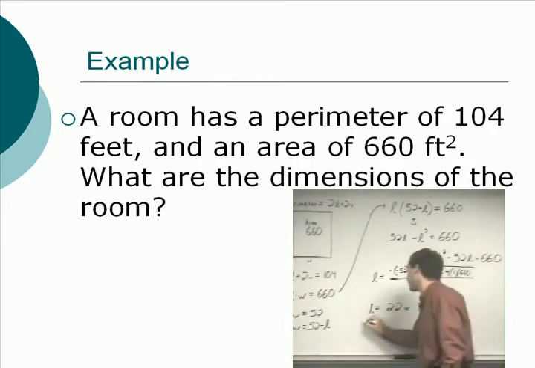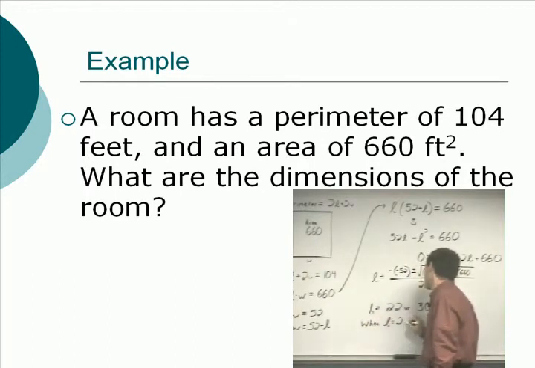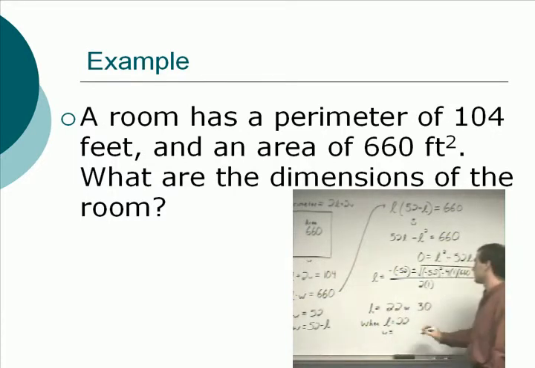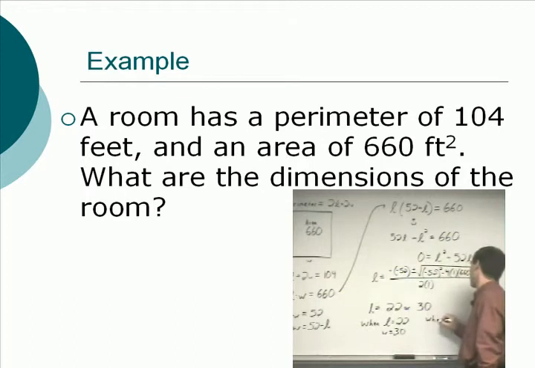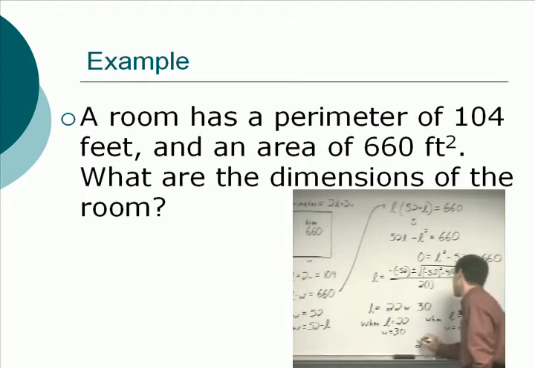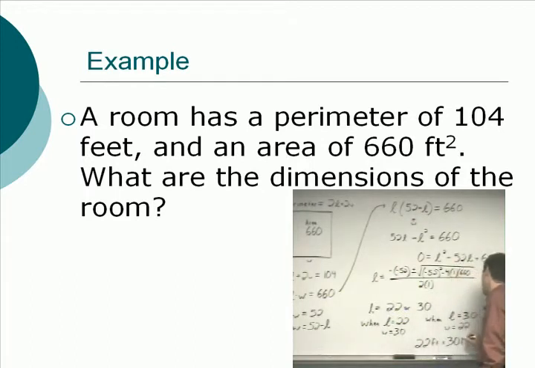When L equals 22, then W has got to equal 30. When L equals 30, W must be 22. And so clearly the room has got to be 22 feet by 30 feet either way.